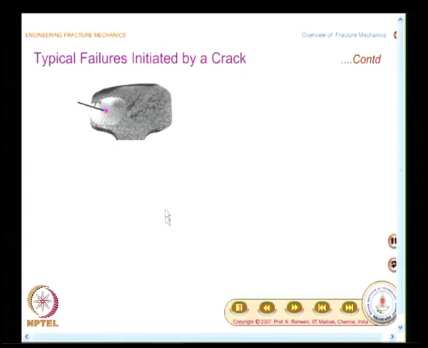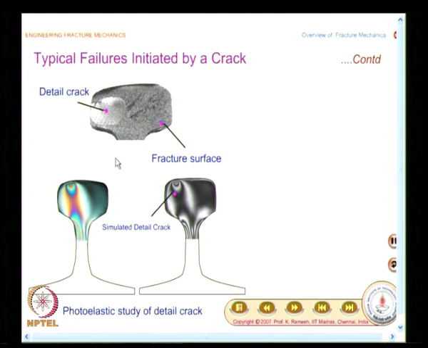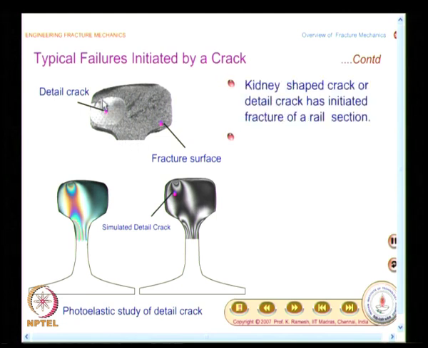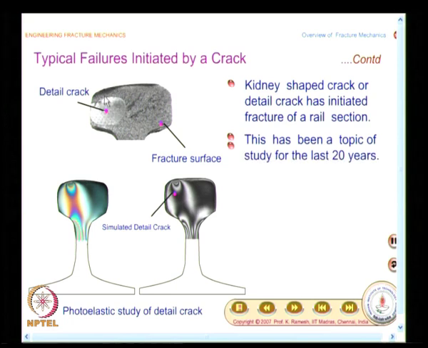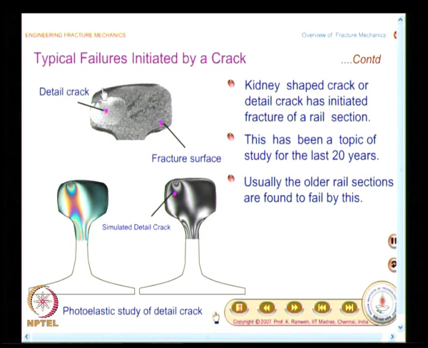Another failure is what you see in the case of rails, and rails have a typical loading scenario. You find the crack has originated below the surface, because you have contact loading here. In contact loading, the maximum stress occurs beneath the surface, it does not occur on the surface.